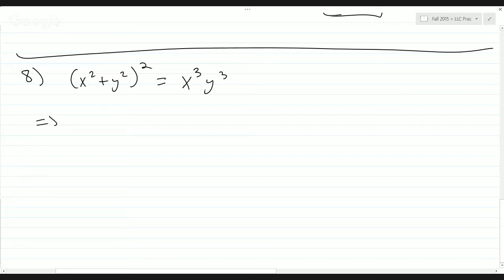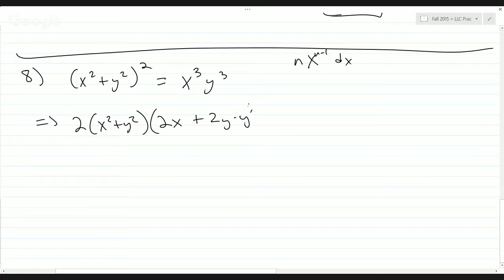We take the derivative of both sides. So we bring down the exponent. We have 2 times x squared plus y squared. Now the derivative of this inside can be a bit tricky, but it's not that bad. That's 2x plus 2y times y prime.